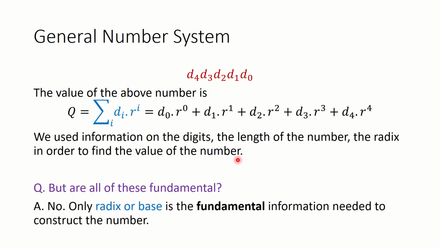No, only the radix or the base of the number system is fundamental information needed to construct the number. So, please remember this, only the radix or the base is the fundamental information needed to construct the number. Why so?